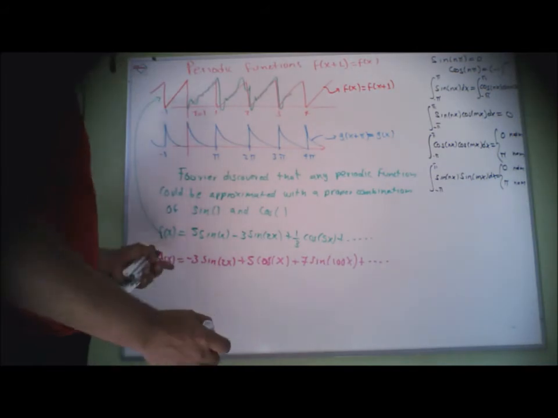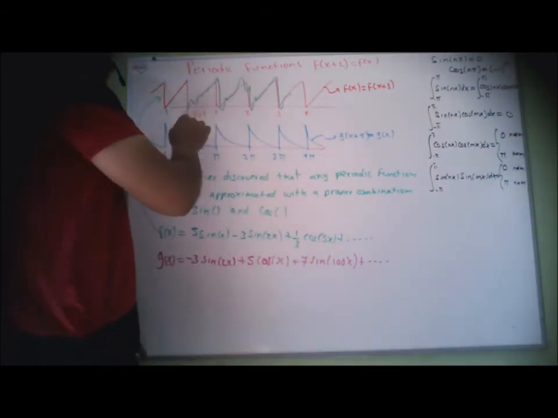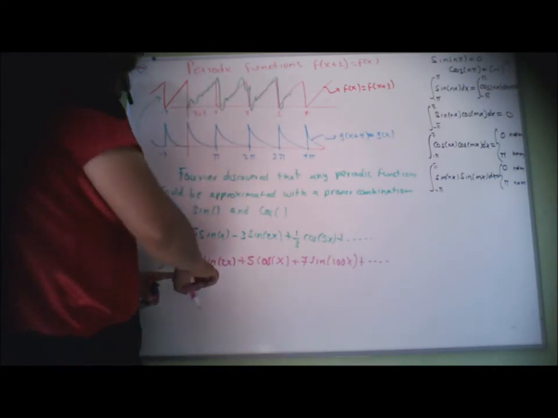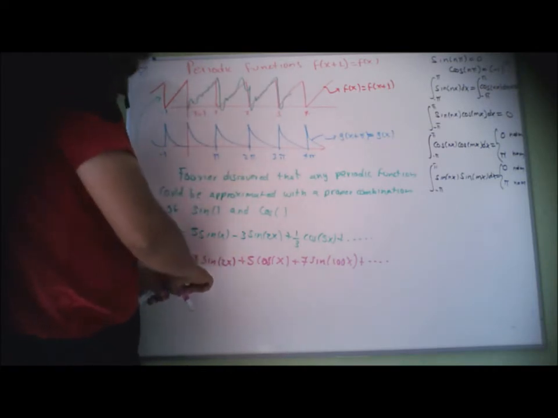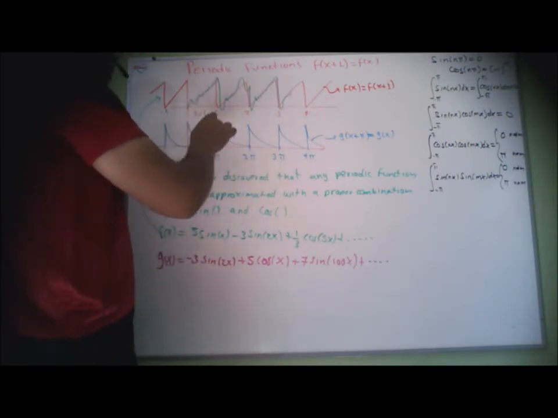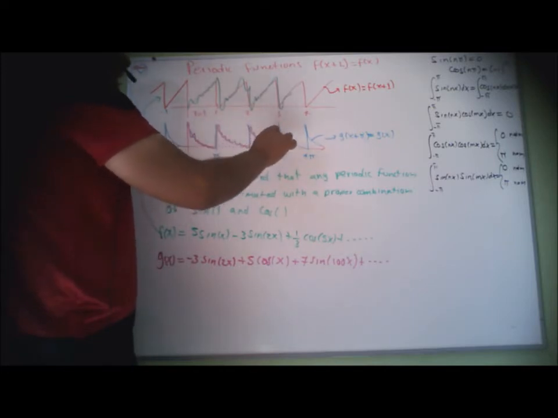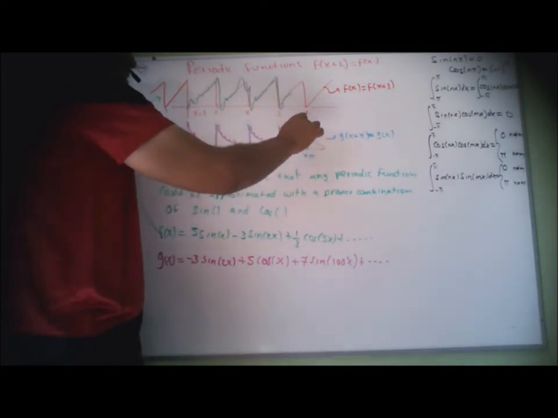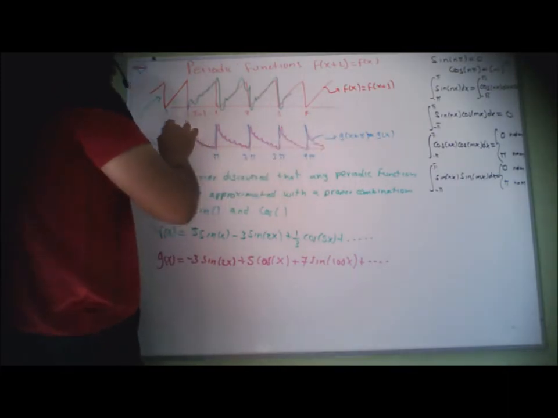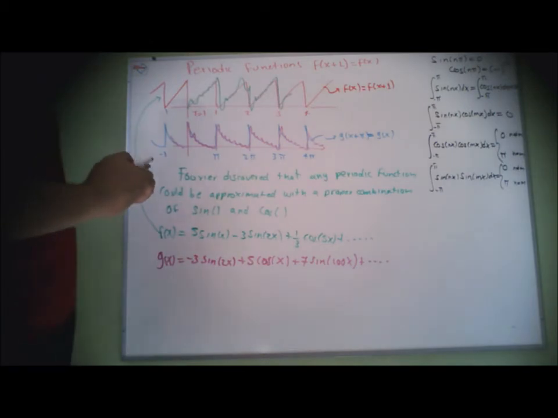With the proper combination of the sines and cosines, we can model like this. We can approximate the periodic function with this combination of sines and cosines. It won't be exactly the same, but it's going to try to follow the periodic function. So that is the magic of the Fourier series.